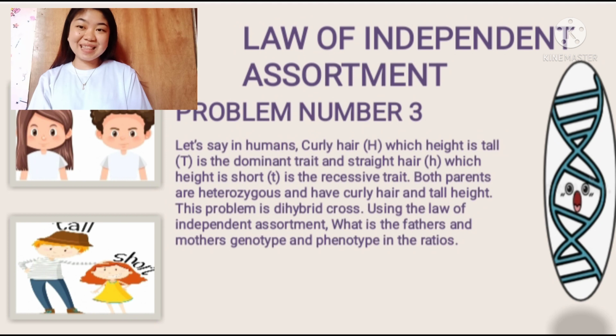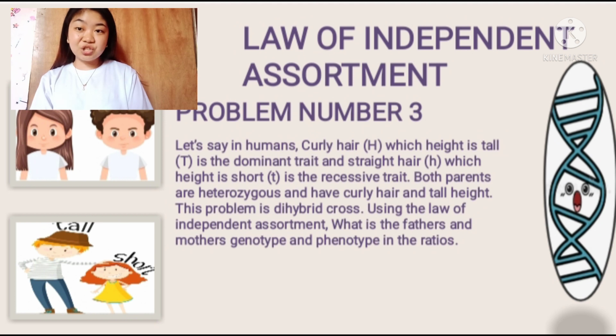Problem number 3: let's say curly hair, represented by a capital letter H, and tall height, represented by a capital letter T, are the dominant traits, and straight hair, represented by a small letter h, and short height, represented by a small letter t, are the recessive traits.